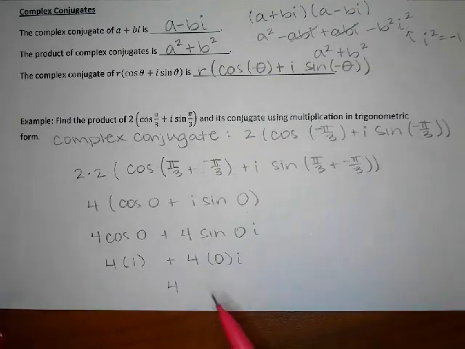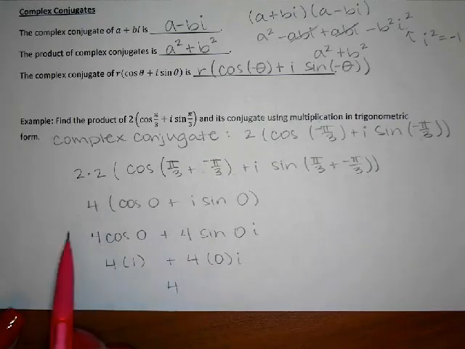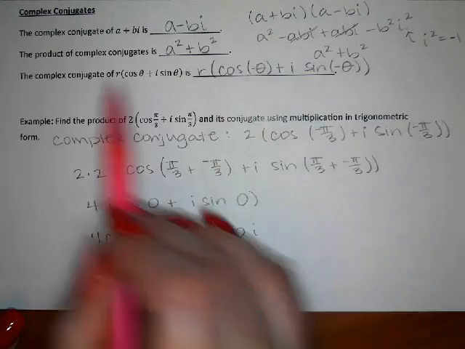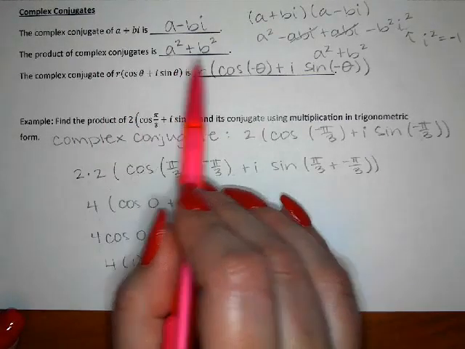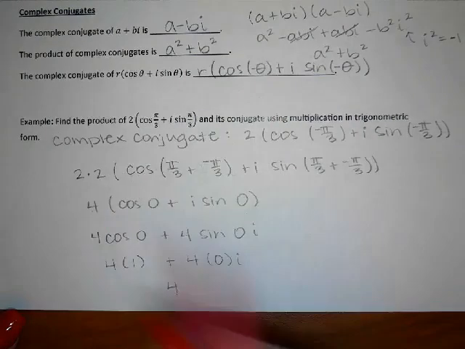So if we think back to our formulas, 4 is the modulus, right? 4 is the square root of a squared plus b squared. And so if the product of a complex conjugate is a squared plus b squared, then we should always just end up with this number in the front here.